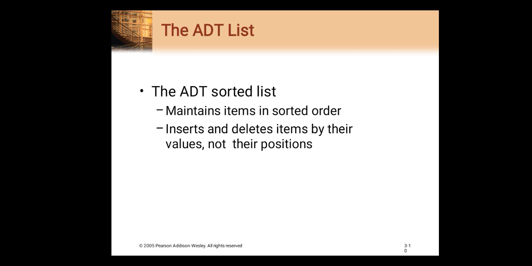Once we have sorted them, if we are inserting values in our sorted list, then we are inserting the atom by its value, not by its position. Understood? Once you have sorted the data, you need to insert the next data item by its value. So your list should remain sorted after inserting the new item, because you are inserting it with the help of its value, not by whatever position it had before.